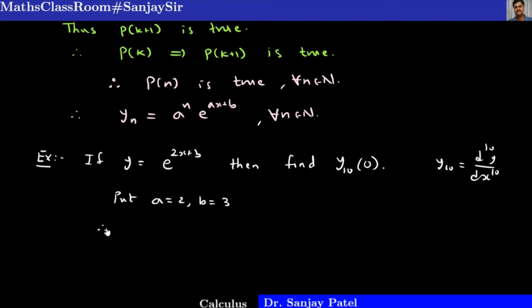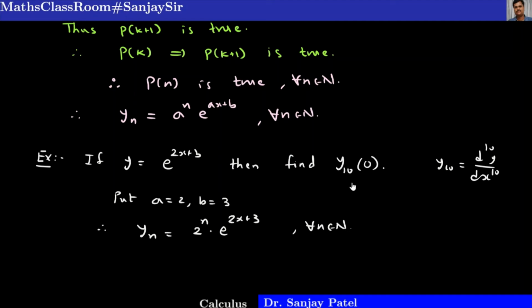So we get y_n from this as a raised to n, means 2 raised to n, into e raised to 2x+3. Just you have to put a equal to 2 and b equal to 3 everywhere in this formula. This is the nth derivative of the given function.